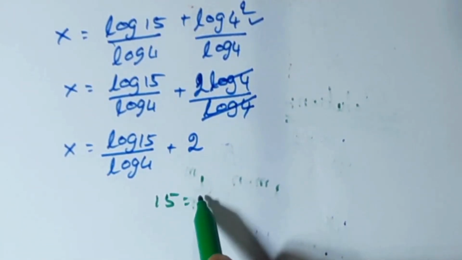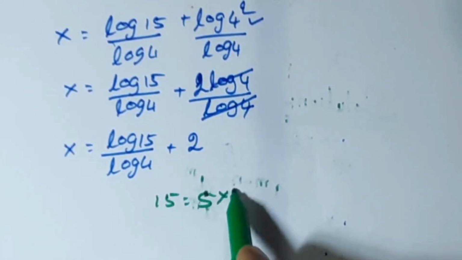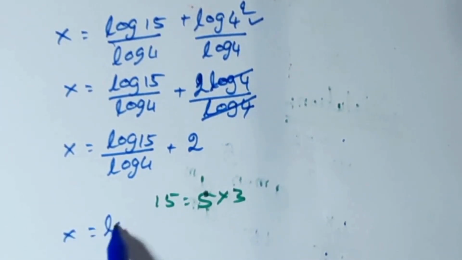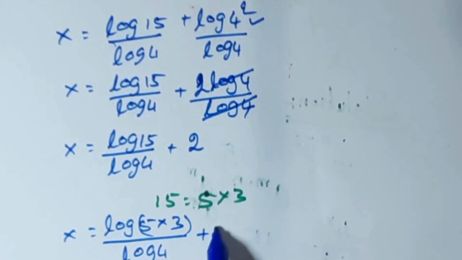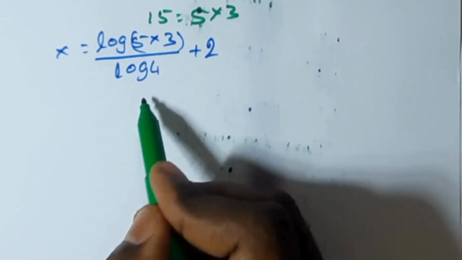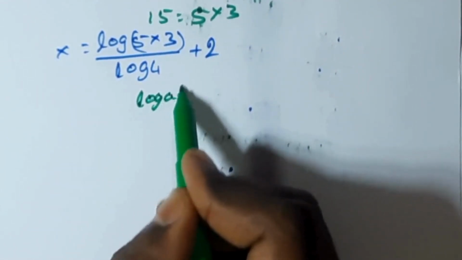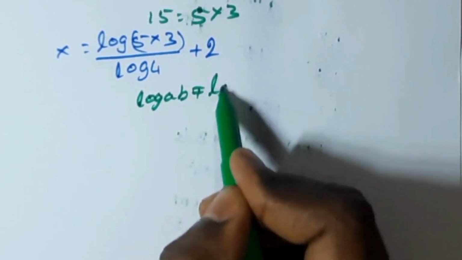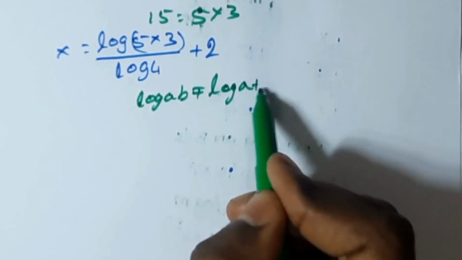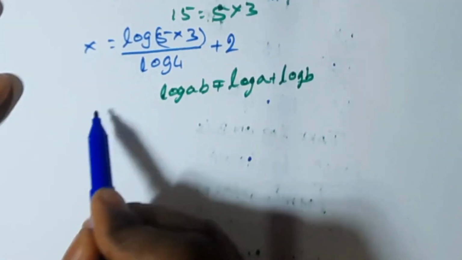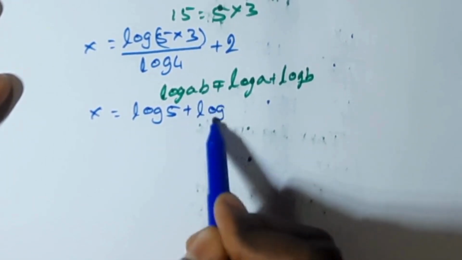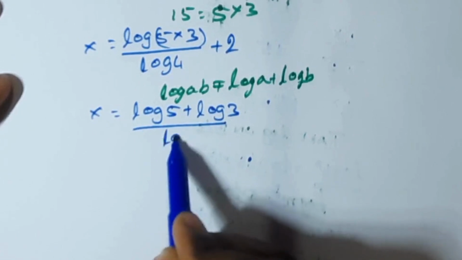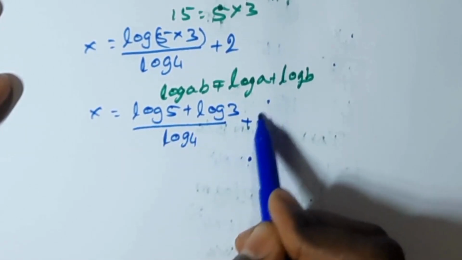15 can be written as 5 into 3. X equal to log 5 into 3 by log 4 plus 2. Again we are going to apply this log product formula. Log AB equal to log A plus log B. Now x equal to log 5 plus log 3 by log 4 plus 2.